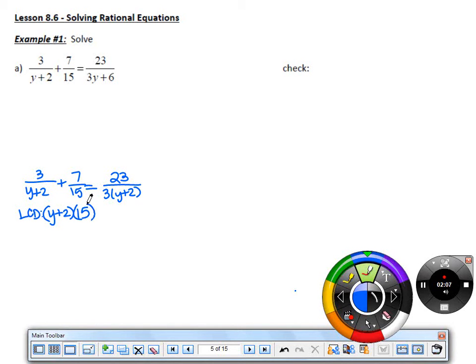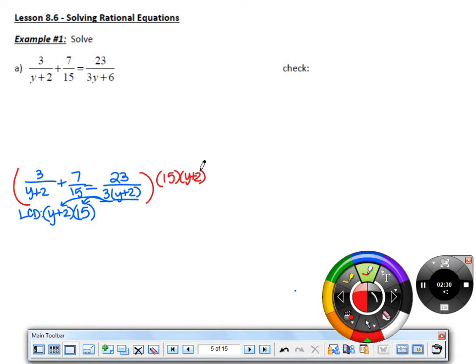The next denominator has a factor of 3. That one factor of 3 is already captured in the number 15. And it has a factor of y plus 2, and that one factor of y plus 2 is already captured there. So I am going to use 15 times y plus 2 as my least common denominator, and I'm going to multiply this entire equation, both sides, by 15 times y plus 2.